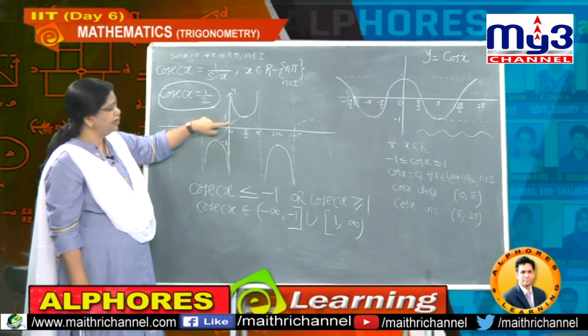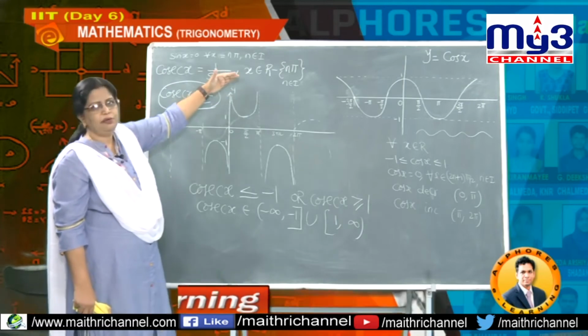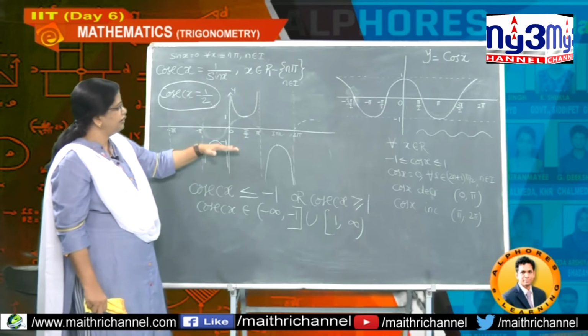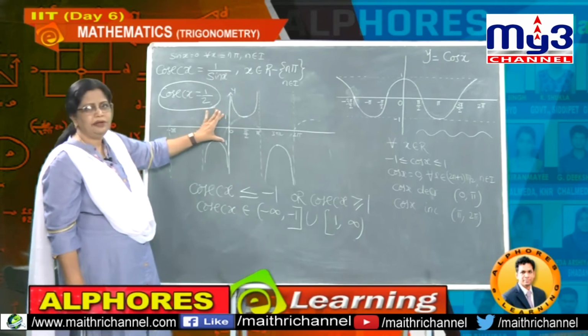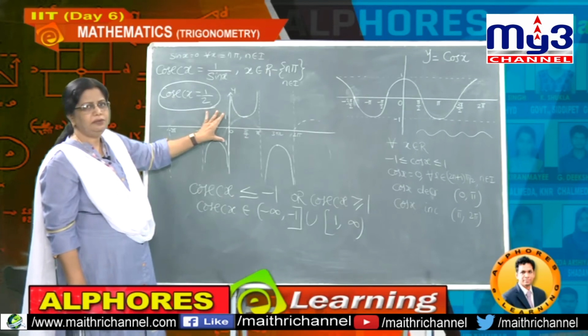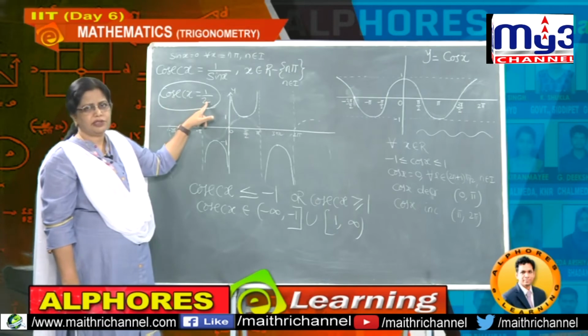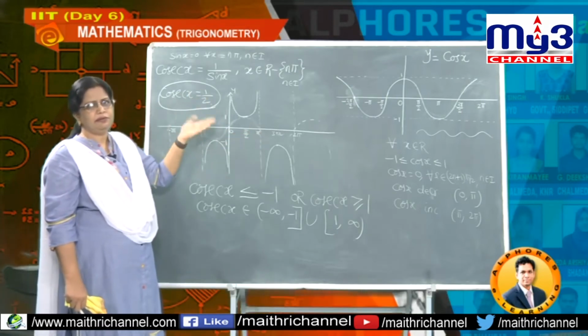So cosecant x cannot be 1 by 2. Cosecant x is always above 1, but it cannot be below 1, and here less than minus 1, but it can't be above minus 1. So in between minus 1 and 1, you cannot find any value for cosecant x. So if you come across this kind of equation, immediately you can say there is no such real value of x.